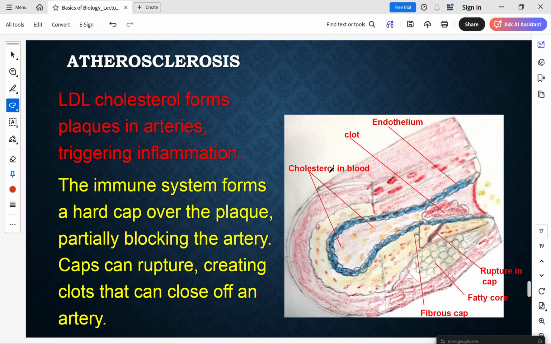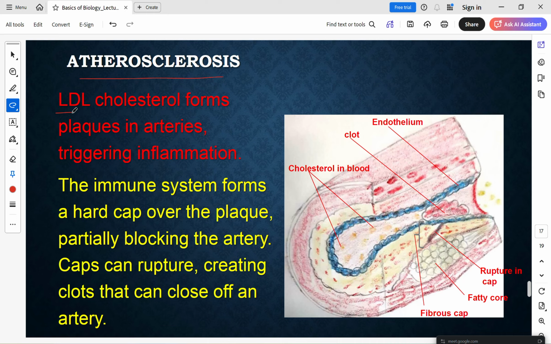Another problem that occurs in the circulatory system is atherosclerosis, where there is a plaque formation. This plaque is usually made up of cholesterol. Lipoproteins are of two types: low density or high density.